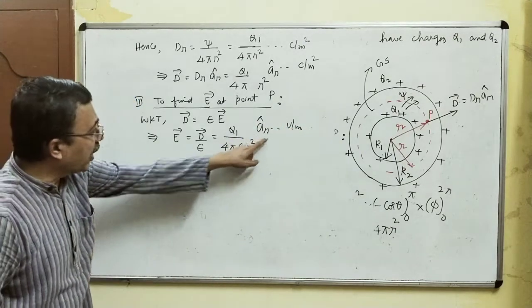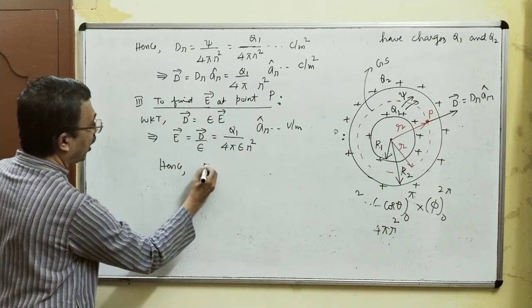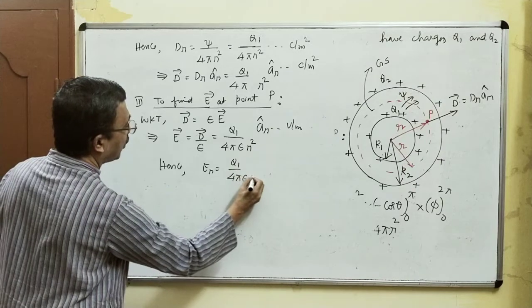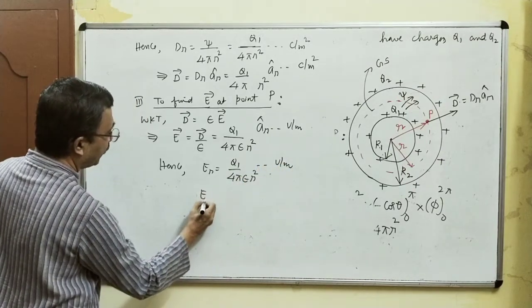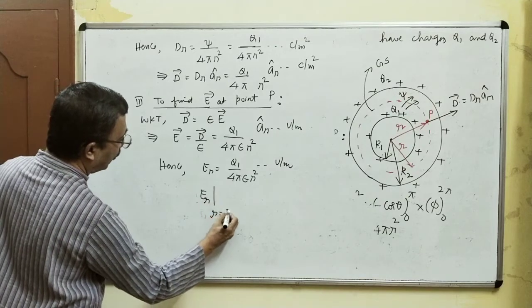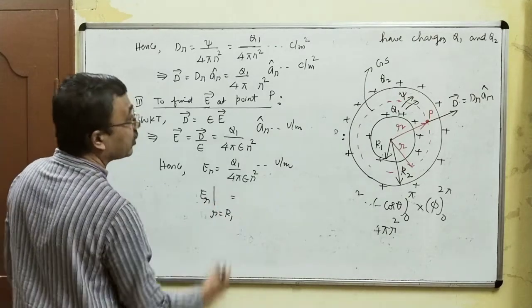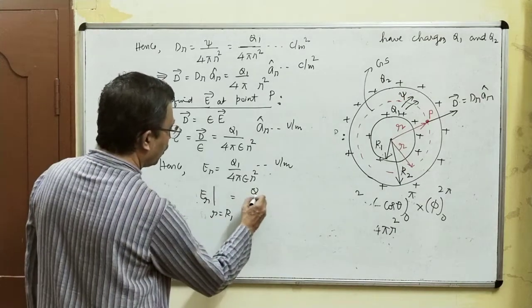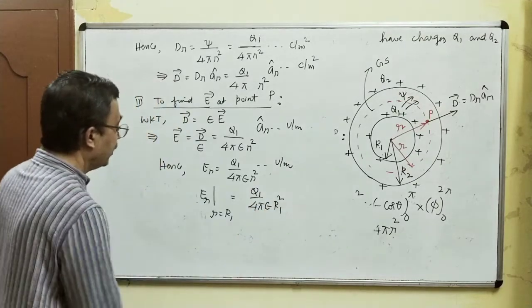Coefficient of ar cap is Er. Hence, Er is equal to Q1 by 4 pi epsilon r square, so many volts per meter. Er at r equal to R1 is Q1 by 4 pi epsilon R1 square.